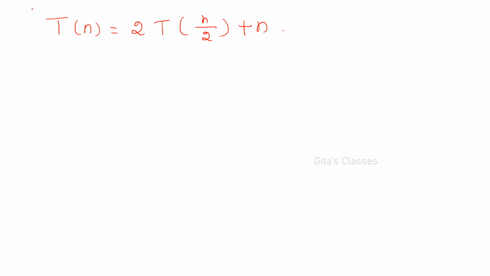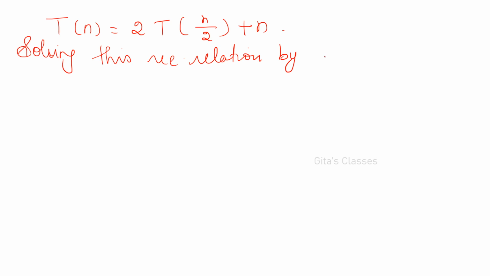Now let us solve this using the iteration method, or substitution method, as you can say. Already we have seen how to solve a recurrence relation using iteration or substitution.